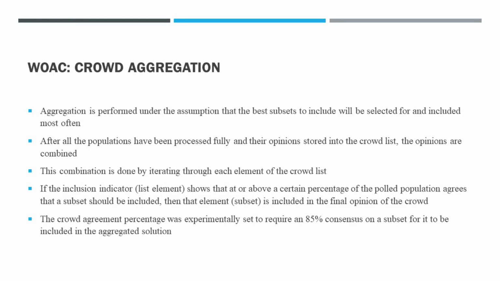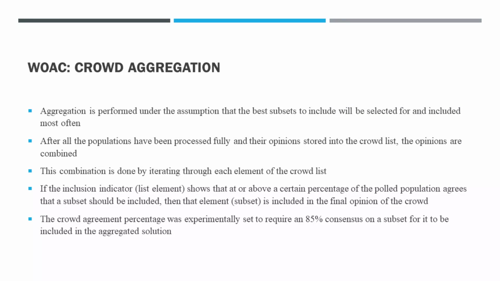Once a crowd is created, we can continue on to the aggregation of the opinions. So aggregation is performed under the assumption that the best subsets to include will be selected for and included most often. After all the populations have been processed and their opinions stored into the crowd's list, the opinions are combined. This combination is done by iterating through each element of the crowd list.